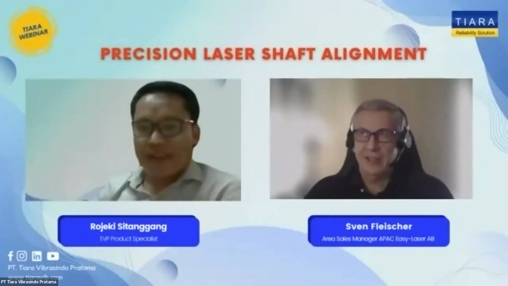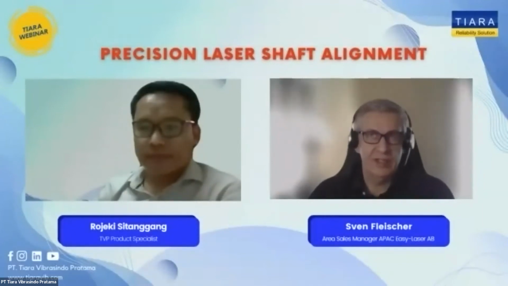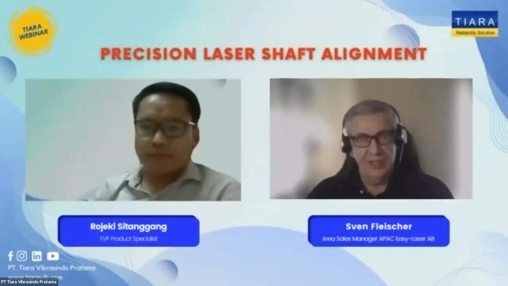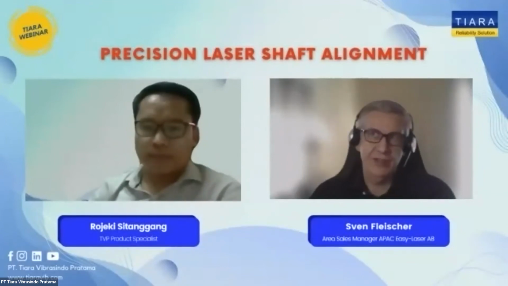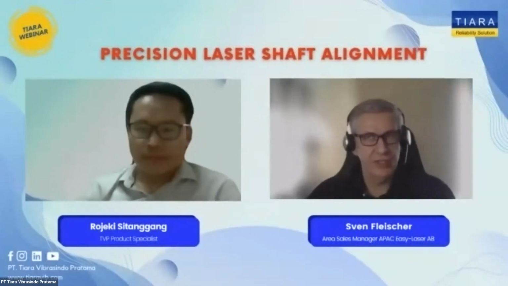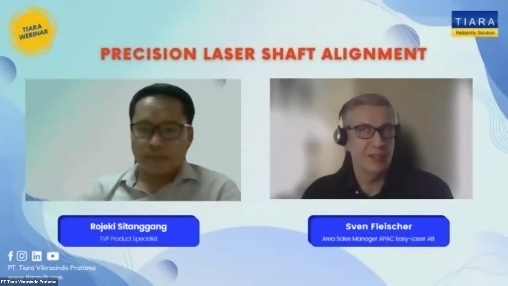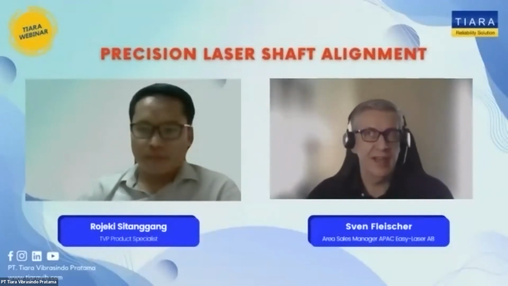There are some models that exist where you take the readings that many of you potentially know from dial gauge results. You can calculate them into a kind of coefficient, which can be used as an input requirement inside the laser alignment instrument.